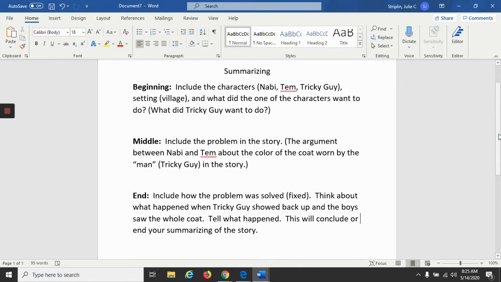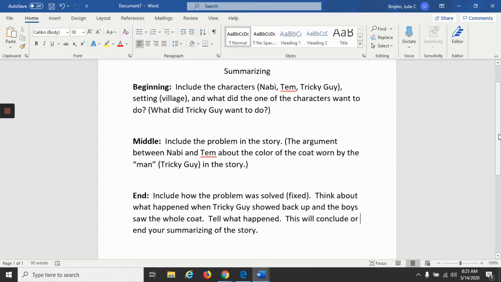And since this is a folk tale, which is also a fiction story, so you would do this with any fiction story, you include what did one of the characters want to do? In other words, which character wanted to do something and or have something happen, or what was going on with one of the main characters.